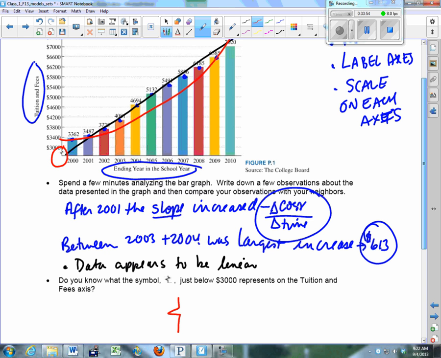There's nothing there, right? And where should we start? 0. So in other words, there's a break in the axis here. It's not starting at 0, like taking your graph paper and literally cutting out 0, 400, 800, 1,200, and scooting it down.